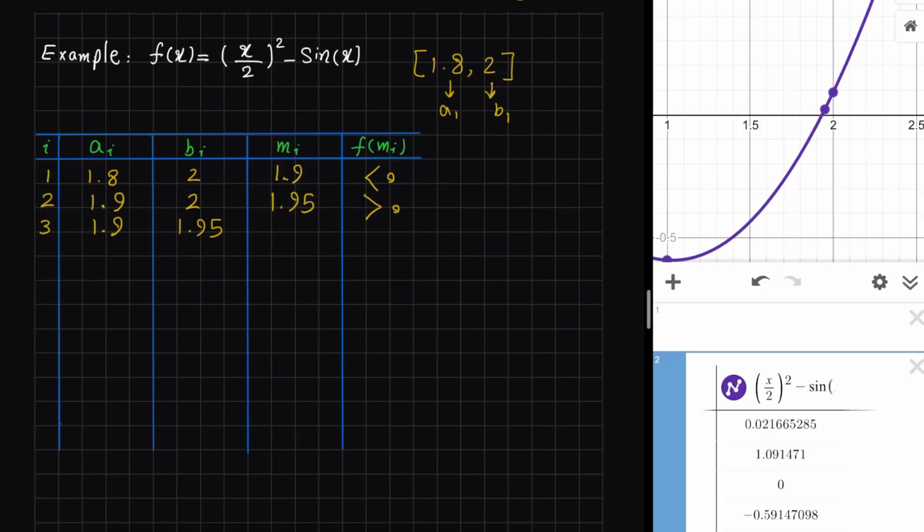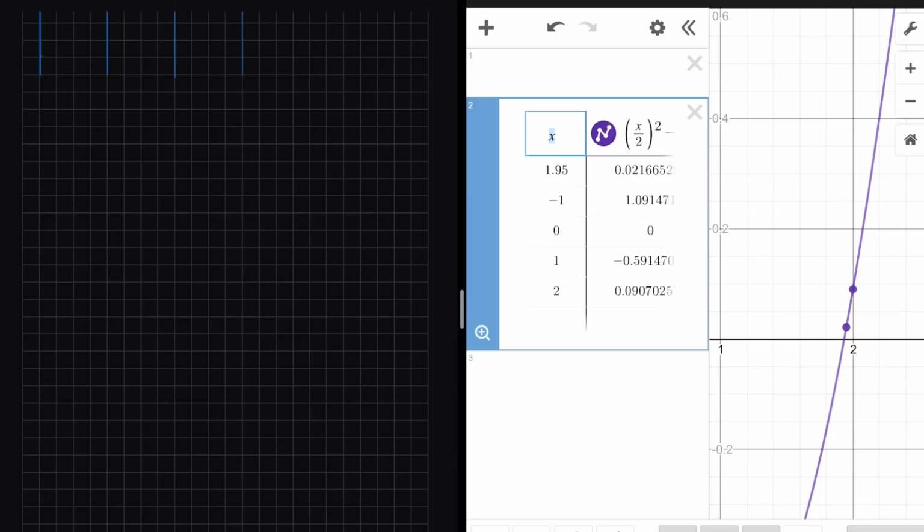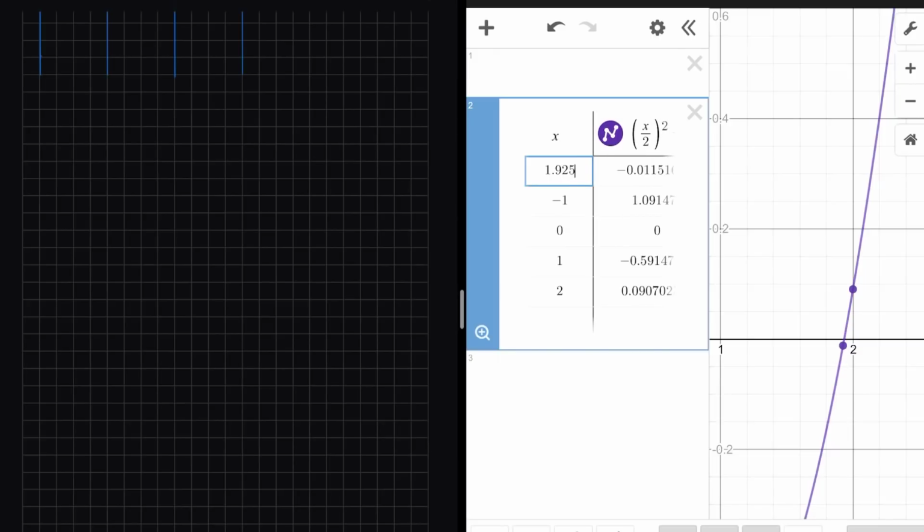The midpoint of this new interval is 1.925, and the sign of the function at this midpoint is, let's just write that, negative 0.0115.